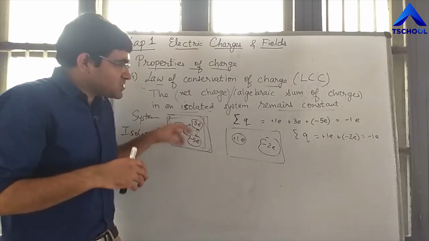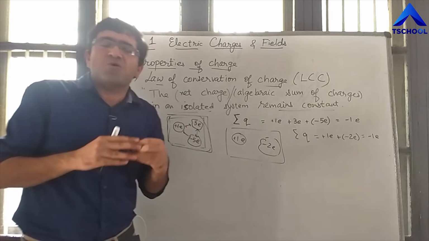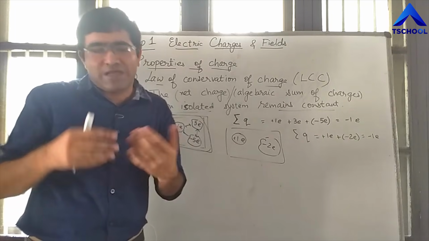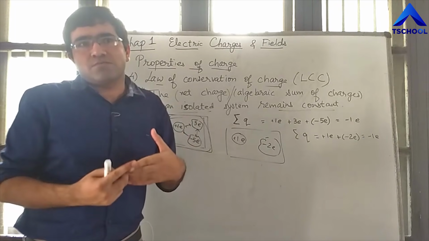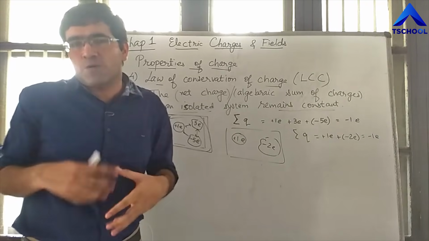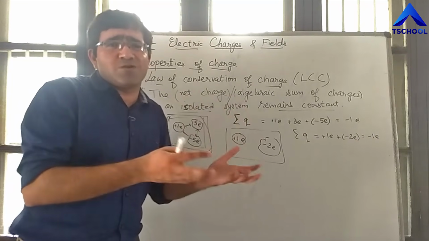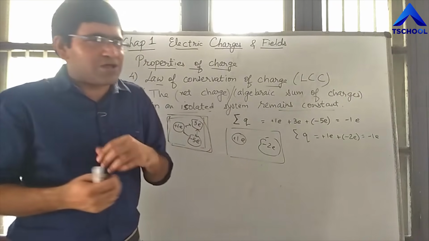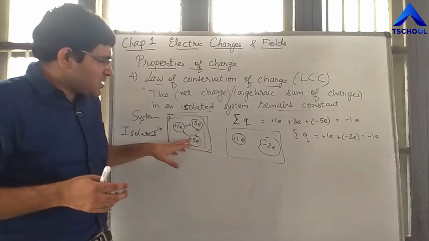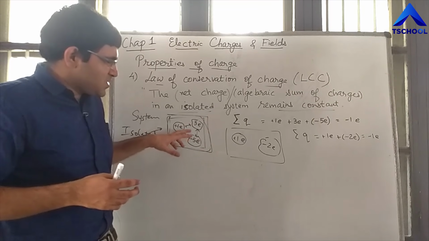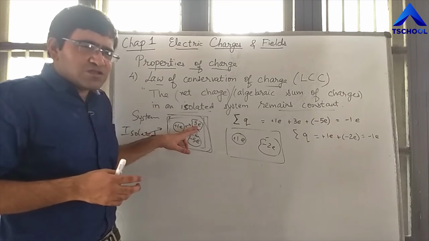So the total charge will never change, because charge cannot be converted into anything else, just like linear momentum is one physical quantity on its own. For example, charge cannot be converted to energy or into mass. Like this won't do. Well, you have minus 5e charge and I have 3e charge.